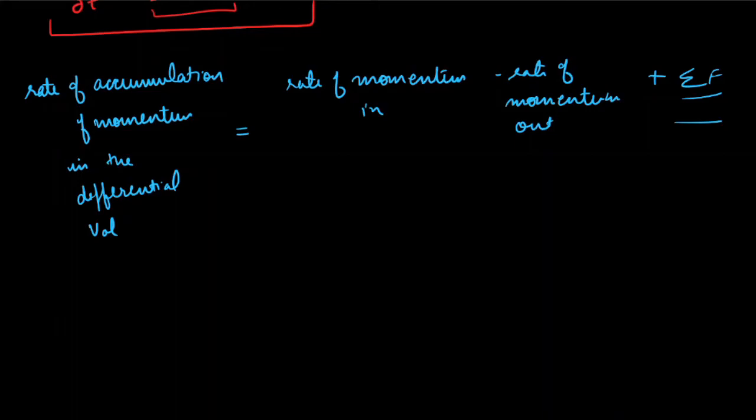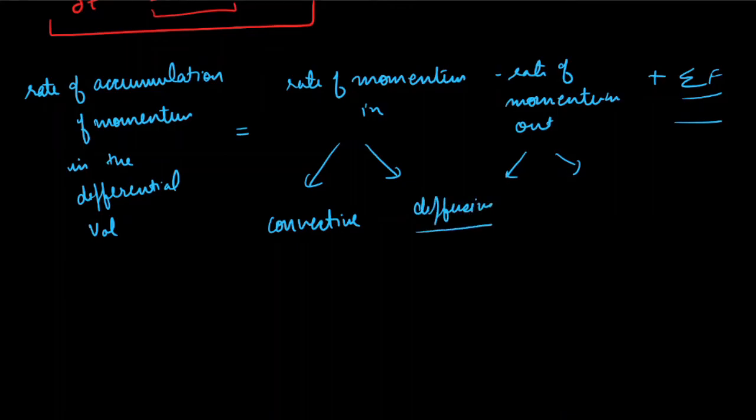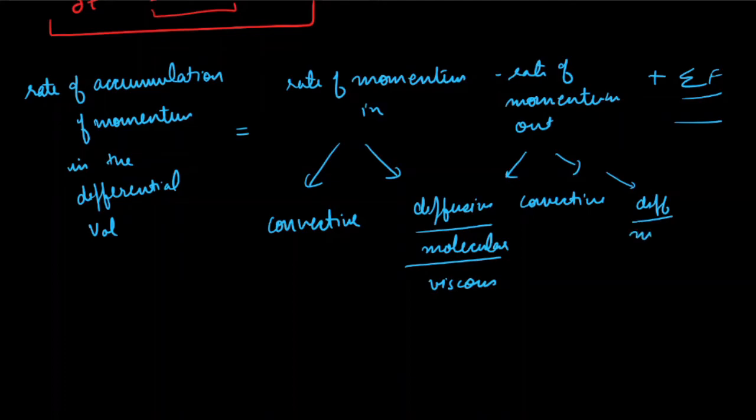The rate of momentum, or the flow or transfer of momentum, can be divided into two parts for in and out. One is the convective momentum, and the other is diffusive momentum, which we can also call molecular momentum or viscous momentum. Out also has a convective part and a diffusive, molecular or viscous part.